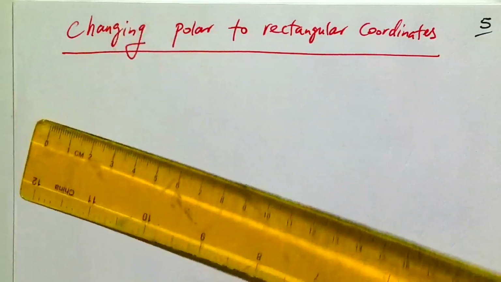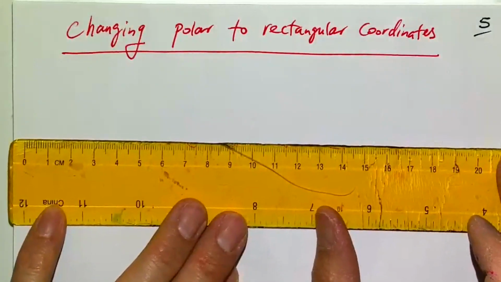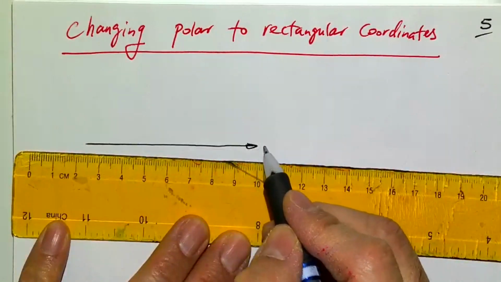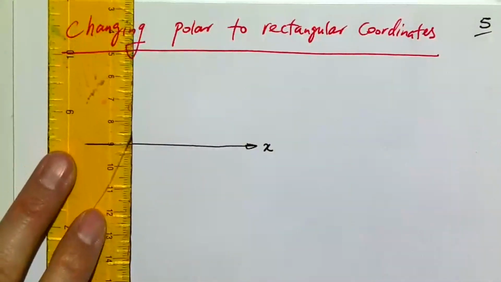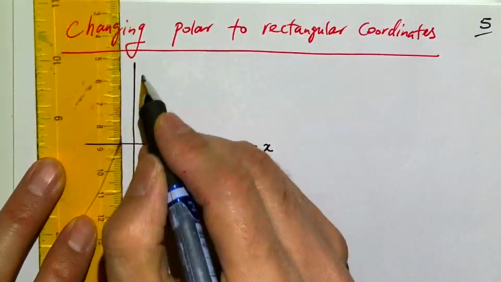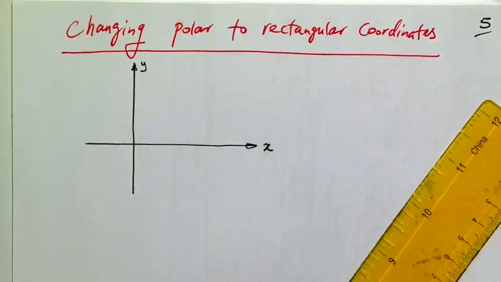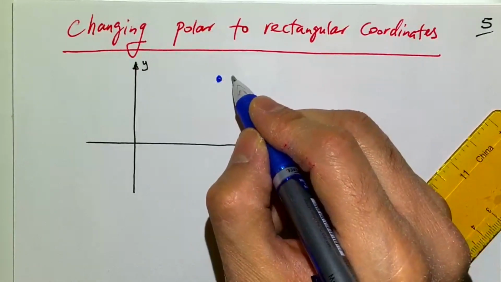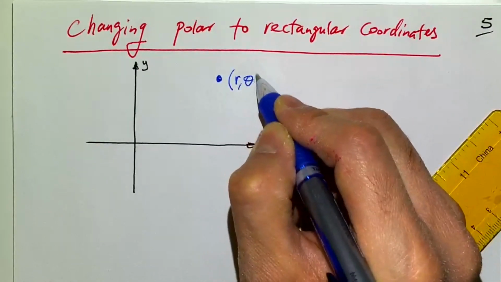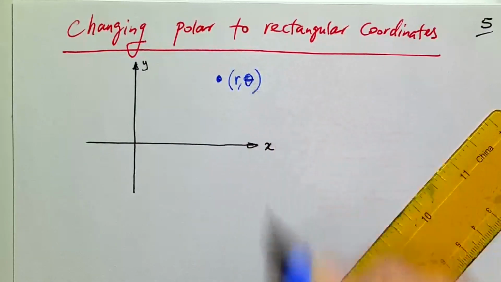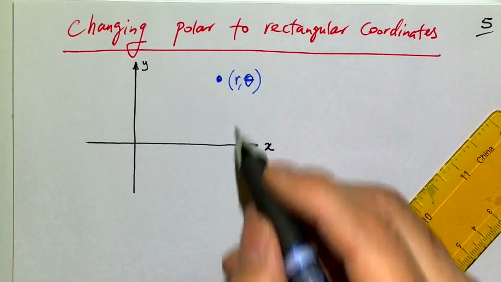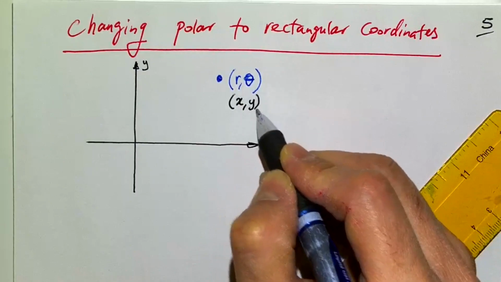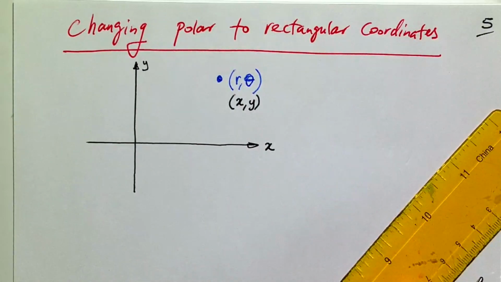Let's draw a graph here. If we have a graph like this, x and then y, and let's say we have some point here with coordinates r comma theta. Also, that same point has coordinates x comma y, that we are familiar with already.